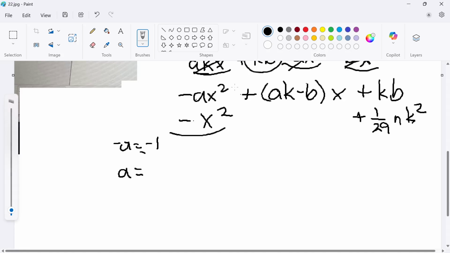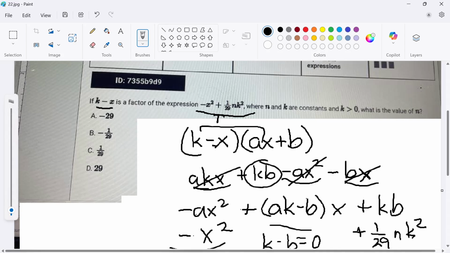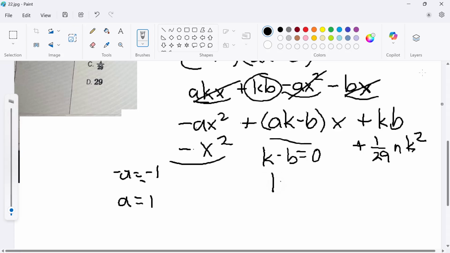Divide both sides by negative 1, a equals 1, which means this is 1 times k minus b, which is k minus b. Well, notice the original expression had nothing there. There is no x term in the original expression. So k minus b equals 0. In other words, k equals b. I just add b to both sides.